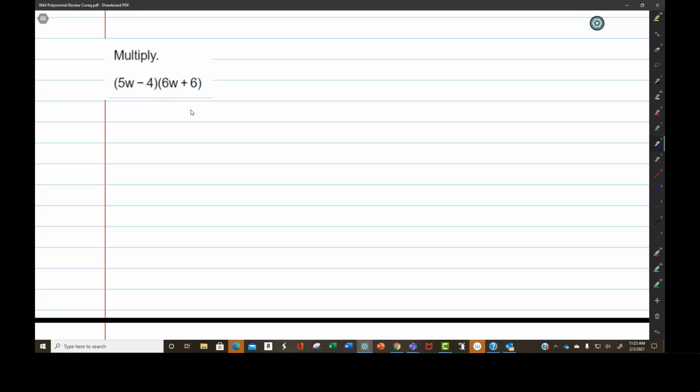Okay, so I am going to go back to color coding for doing this. Well, first, always write big. We're going to have 5w minus 4, and remember that's really plus negative 4.